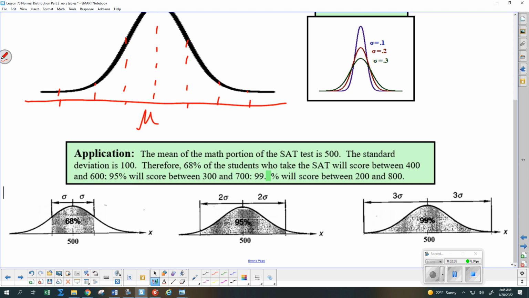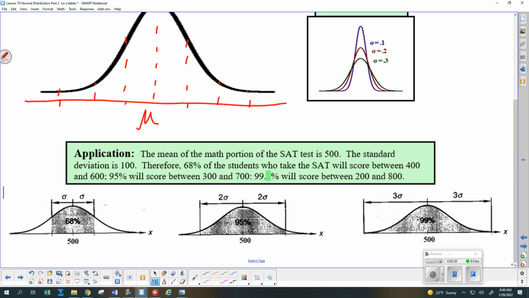But to make it fair for colleges to use for comparison, they normalize it so that you aren't penalized if you happen to take it at a time when there were harder questions, nor do you get an unfair advantage if you get an easier version. It's normalized to show how you compare to everybody else who took the test at that particular time.